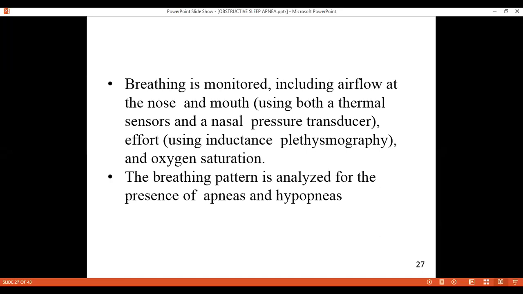Breathing is also monitored at the nose and mouth, using both a thermal sensor and a nasal pressure transducer. Effort is monitored using inductance plethysmography, along with oxygen saturation. The breathing pattern is also analyzed for the presence of apnea and hypopnea.